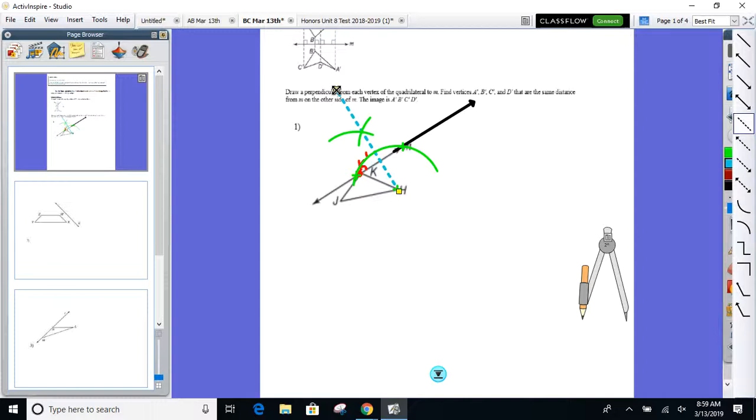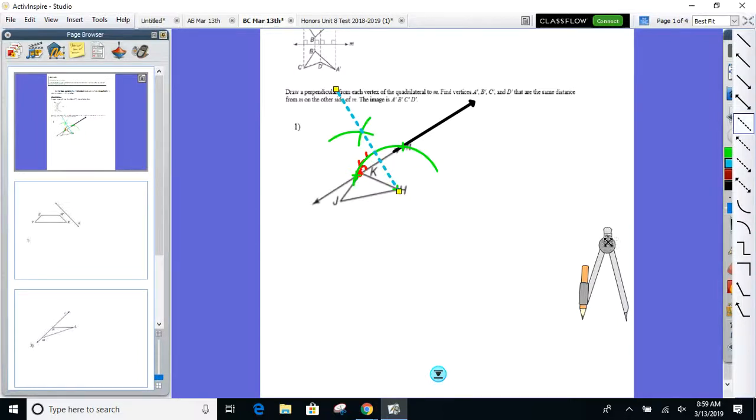All right, well, I know now H prime's got to be somewhere on this line, on this side of line M. It's got to be somewhere here. Anybody remember angle measure and what else does not change with reflections? Angle measure and side length, aka distance. So the distance from H to line M is going to be the same as M to wherever H prime is.